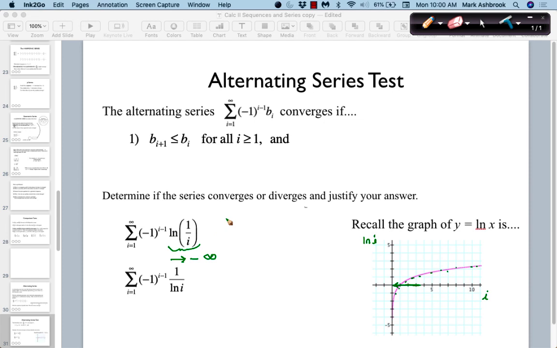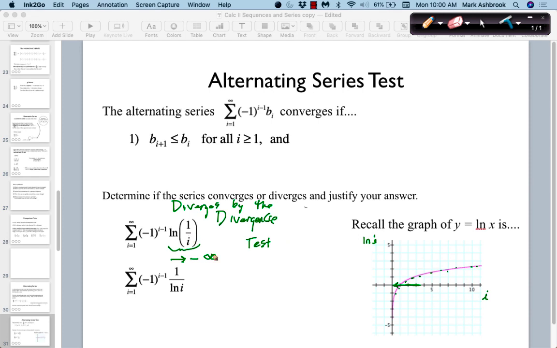So what is it that we're using to conclude that this diverges? Daniel, divergence test, which says what? This diverges by the divergence test, because the sequence doesn't go to 0.